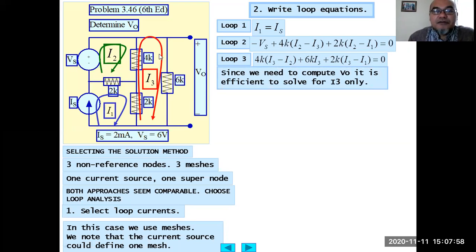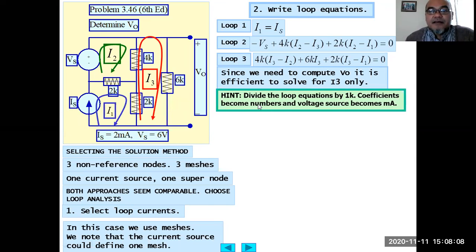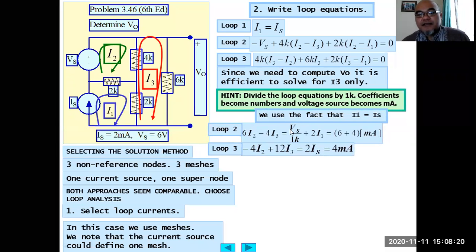Since we need to compute the output, what we need is to solve just I3, the current that flows through this 6 kilo ohm resistor. We divide the loop equations by 1 kilo ohm, so the coefficients become numbers and the voltage source becomes milliampere. We use the fact that I1 equals Is, which is 2 milliampere.